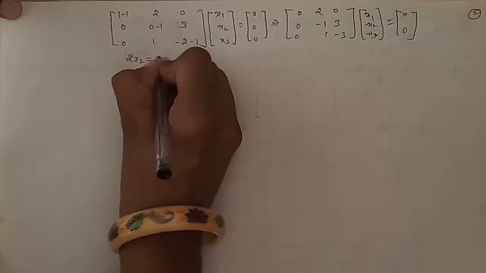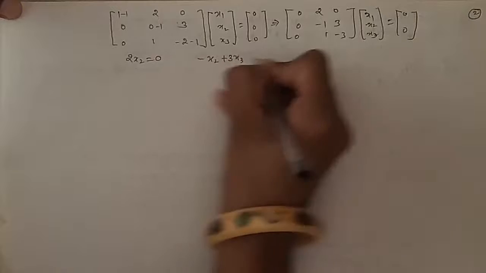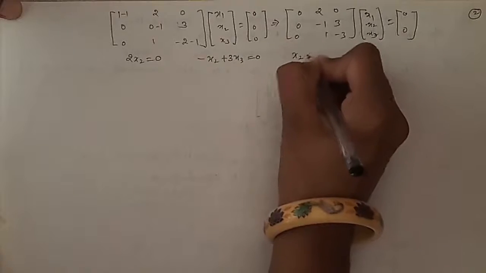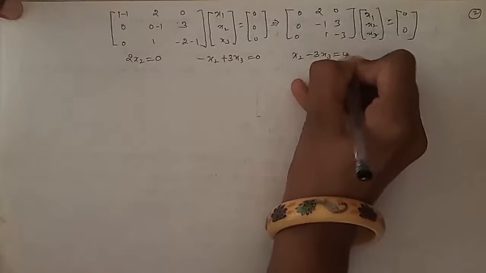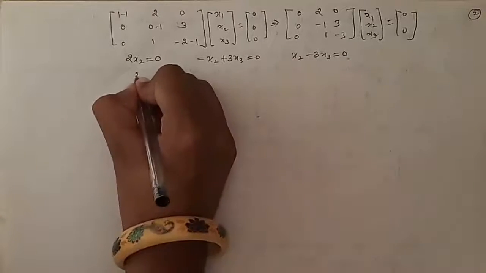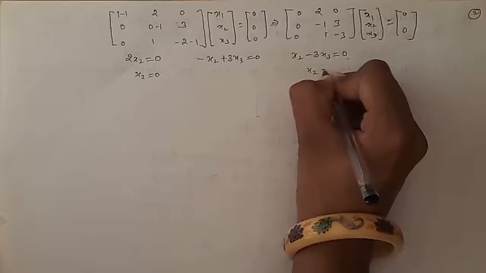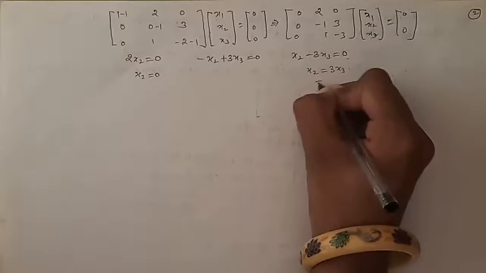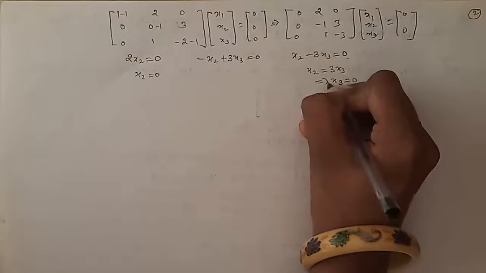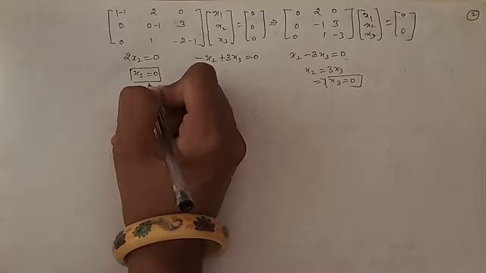Now 2x2 is equal to 0, minus x2 plus 3x3 is equal to 0, x2 minus 3x3 is equal to 0. These last two equations are the same. From the first one we get x2 is equal to 0, and from this x2 is equal to 3x3. This implies x3 is also equal to 0. So x2 and x3 are 0.